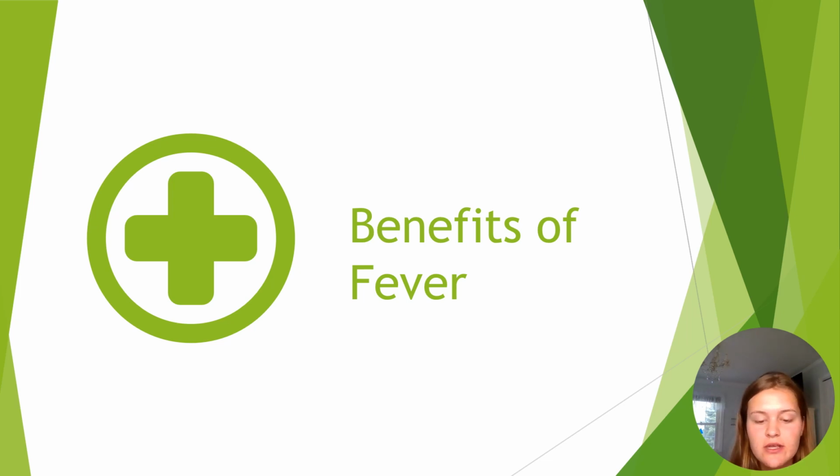So usually, and I thought about this example too. So if you get a cat scratch, there's such a thing called cat scratch fever. And when you get that scratch, there'll be inflammation at the site of the scratch.